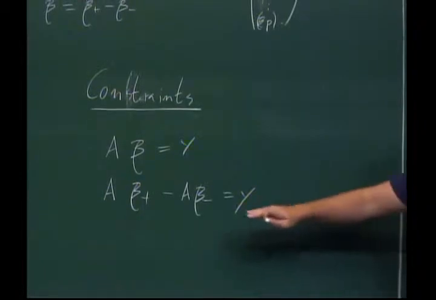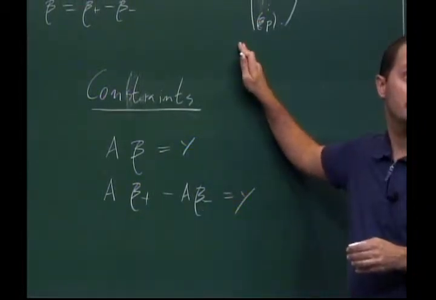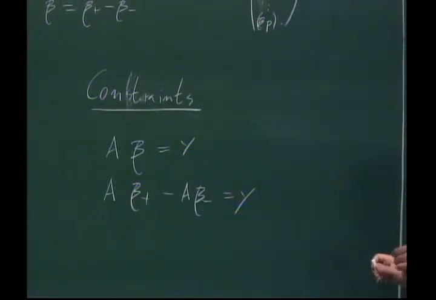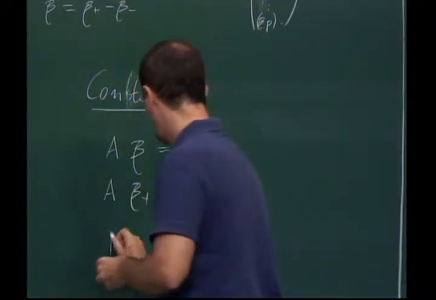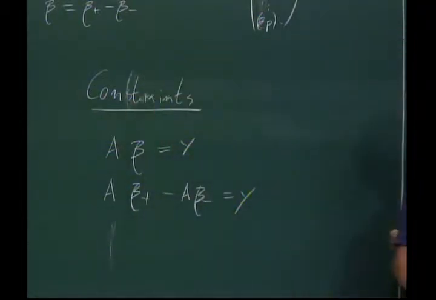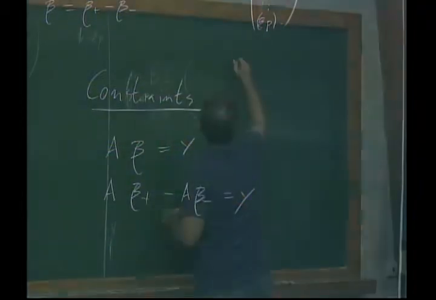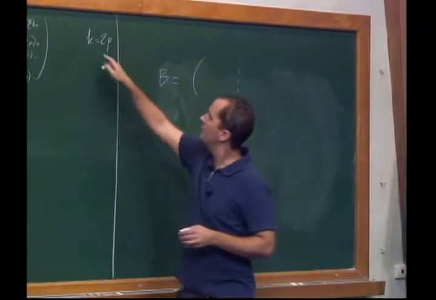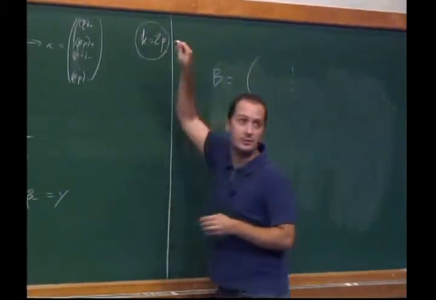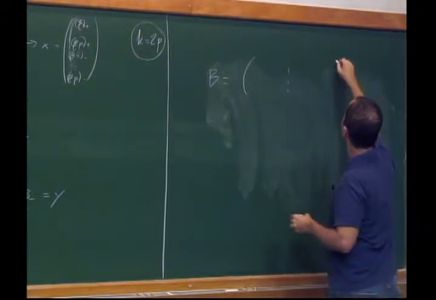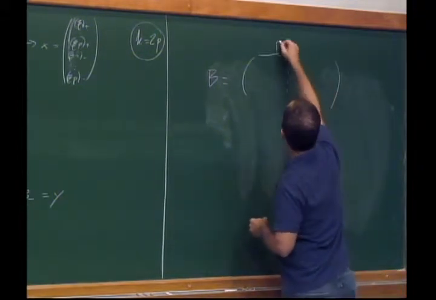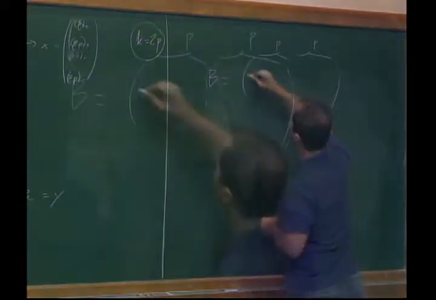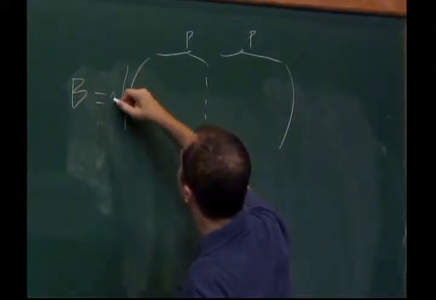And now how do you write this in terms of x, right? Well, it's actually not difficult. What you do is you define this matrix B here, which, remember, now has dimensions twice the original dimension, right? So our matrix B is going to have P columns, then P more columns, and N rows.